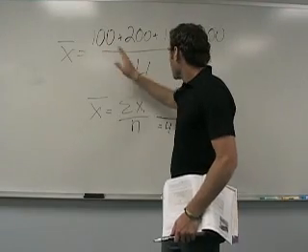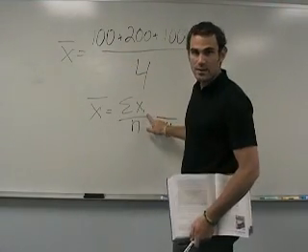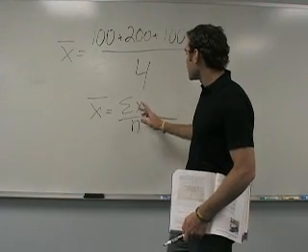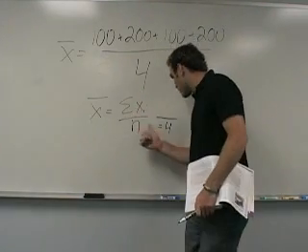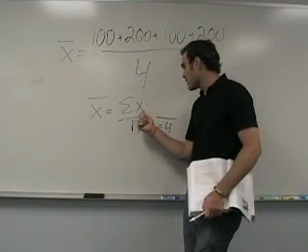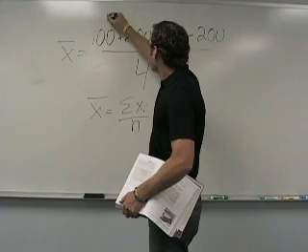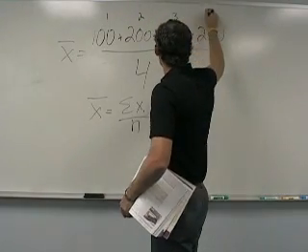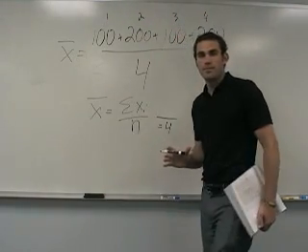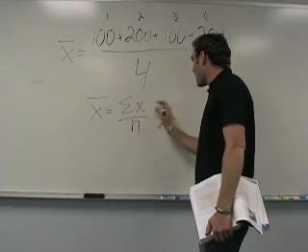Now, the sum of xi: this i is a counter. It means how many items. Well, we know how many items. We have 4 items, and so we're counting up to 4. So week 1, week 2, week 3, and week 4. That's how you read this.